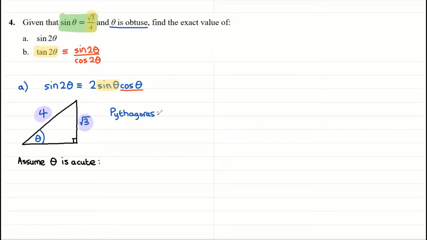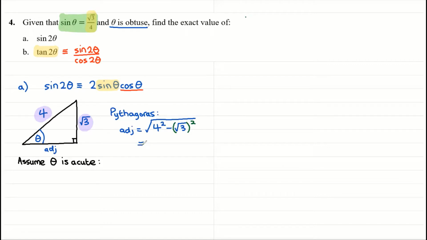So the adjacent side is just going to be the square root of 4 squared subtract root 3, and I'm going to be careful here, root 3 all squared. And we'll just evaluate this.